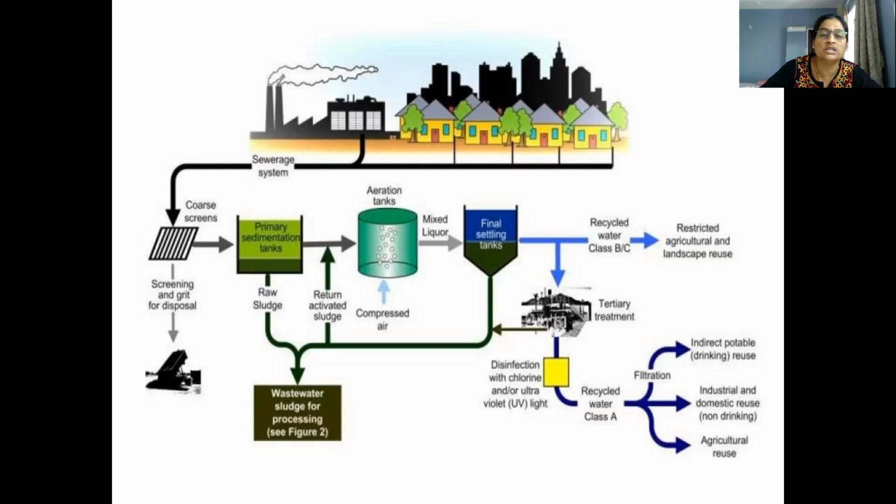They will take the oxygen, get energized, and decompose the organic material, because organic waste material is food for them. They want food. Even if we don't ask them to decompose, they will, but the rate will be very slow because they don't have sufficient energy in the form of oxygen. That's why we artificially add oxygen into the wastewater, and that oxygen acts as energy for the microorganisms, and they decompose the organic material.